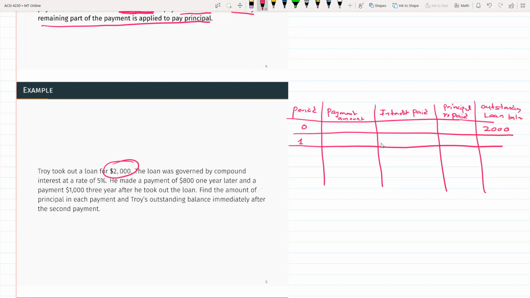So what is the payment? $800. What is the interest due after the first year, at the end of year 1?